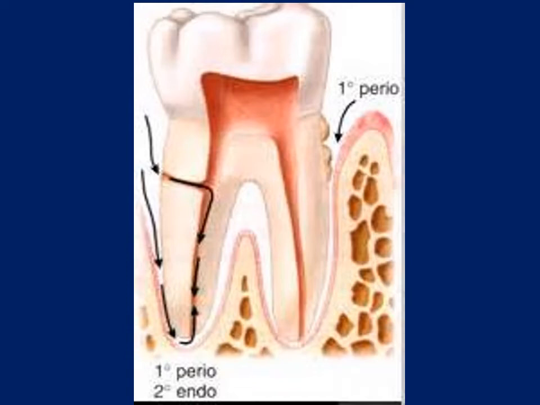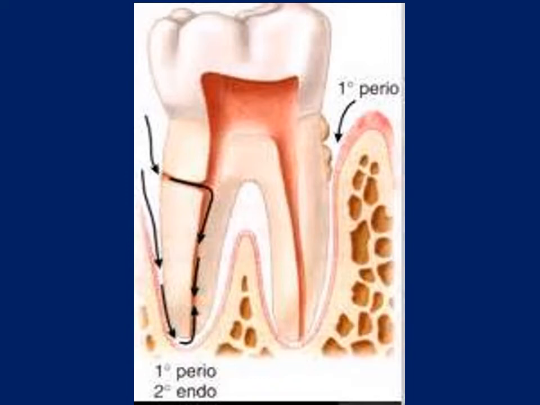If it goes down, destroying the periodontal apparatus, we will have a periodontal pocket, and through any exit of a lateral canal or large dentinal tubules, the bacteria might enter the root canal and make an infection in the endodontic field.